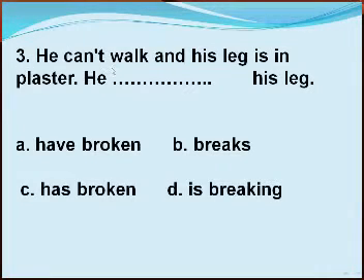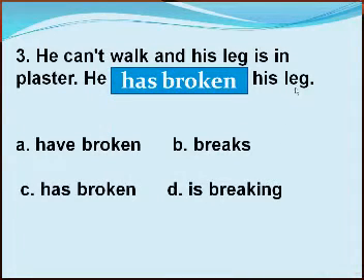Number 3, he can't walk because his leg is in plaster. He have broken, breaks, has broken or is breaking his leg. What do you think? Of course, has broken his leg.